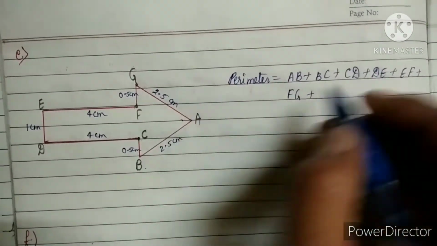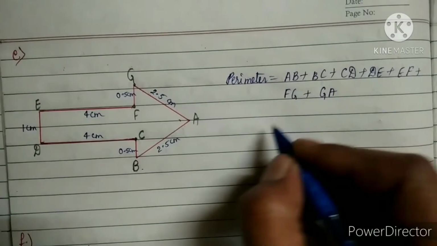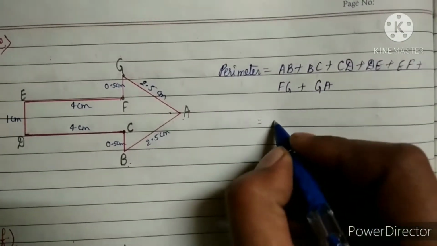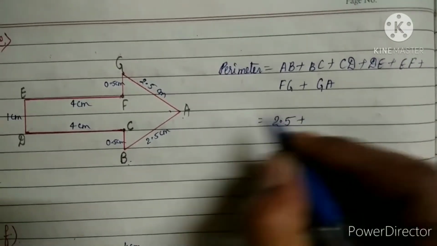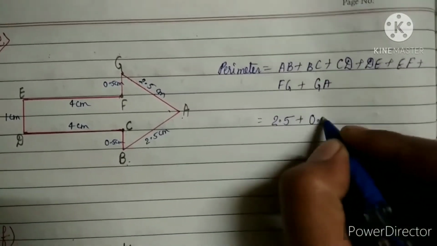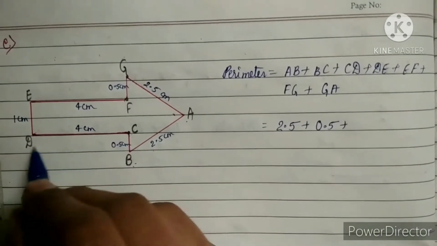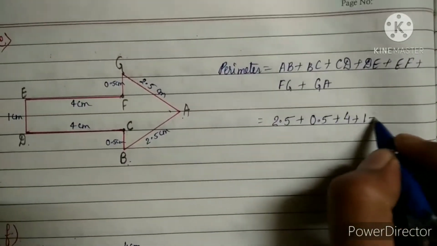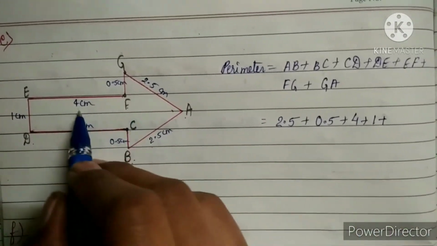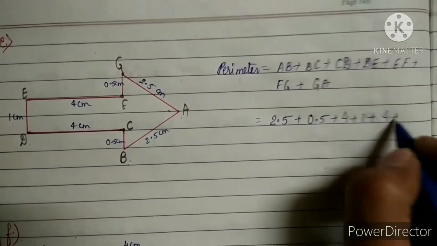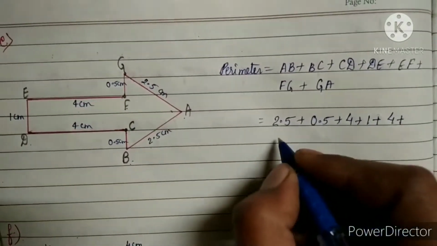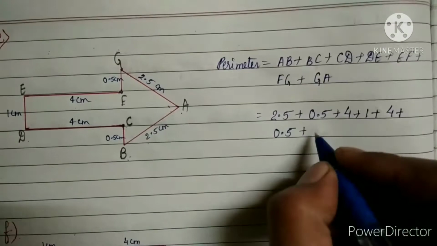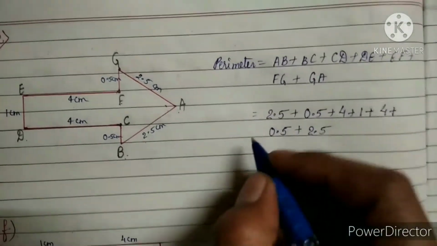plus GA. Okay, now as you can see, AB is 2.5, BC is 0.5, CD is 4, DE is 1, EF is 4, FG is 0.5 and GA is 2.5.